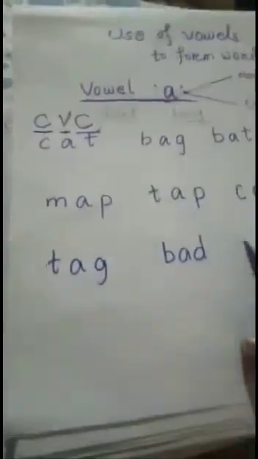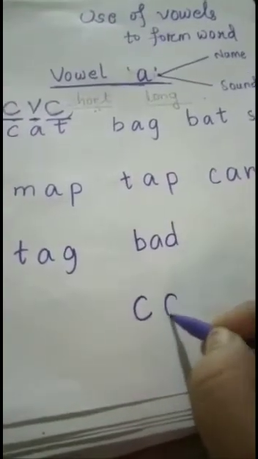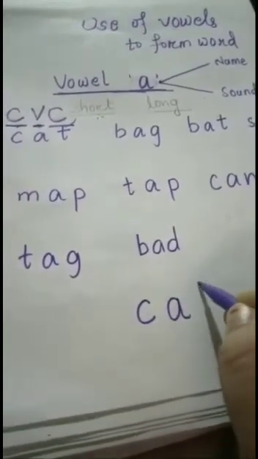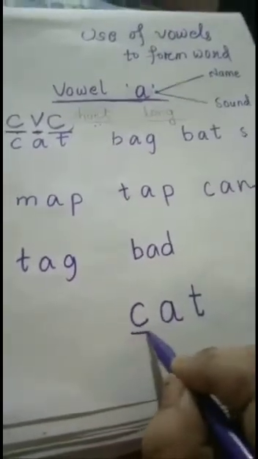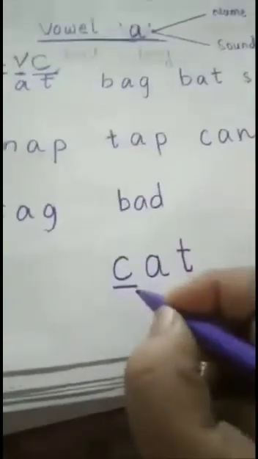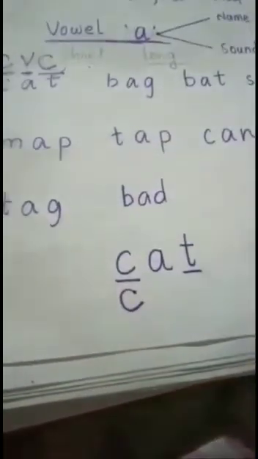Let's take one example. C, A, T. Now tell me, is C a vowel or a consonant? C is a consonant. T is also a consonant.